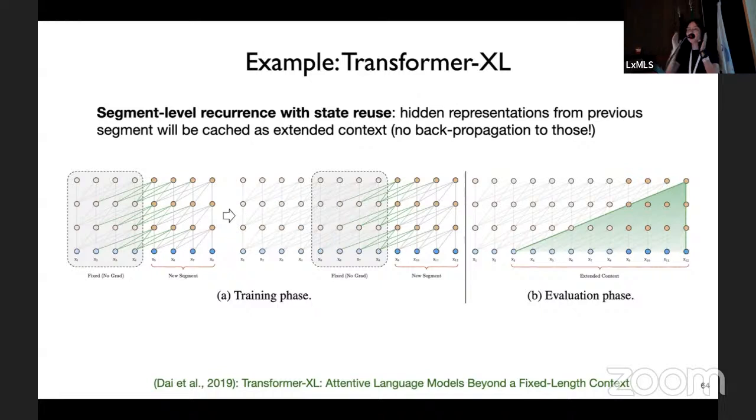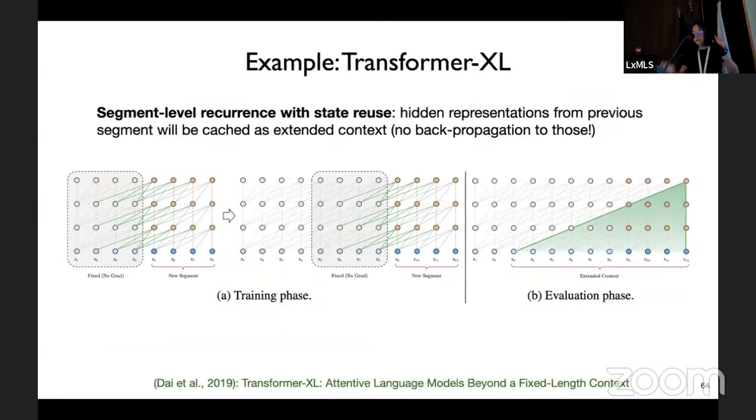You cache all the previous hidden representations as extended context, but you don't do backpropagation to those representations. So you do the sliding window, segment by segment, cache the previous representations, and attend to them as extended context. This is one effective way of caching, extending to much longer context.